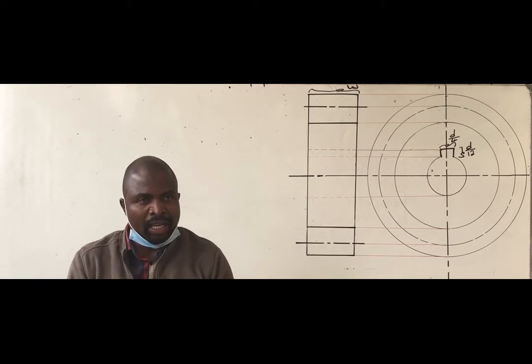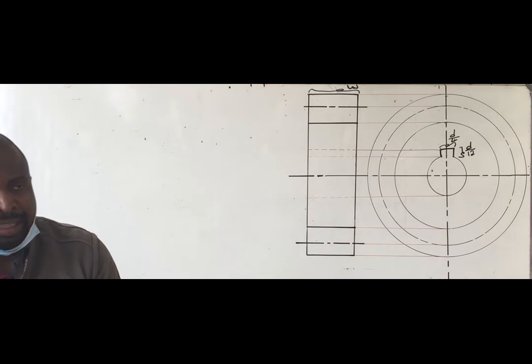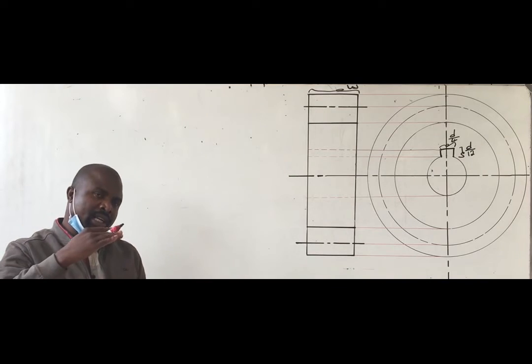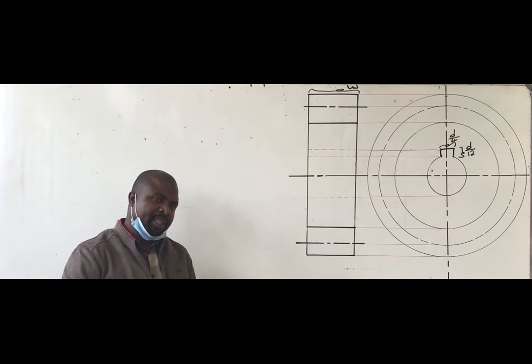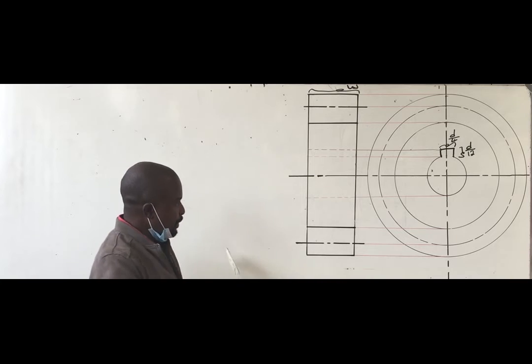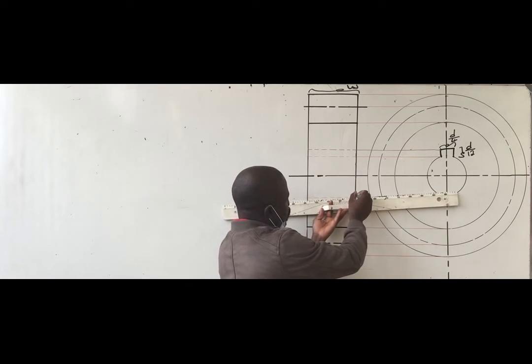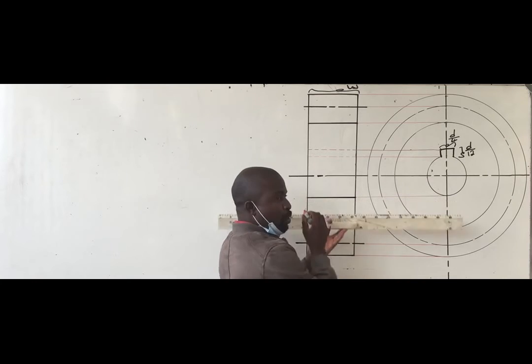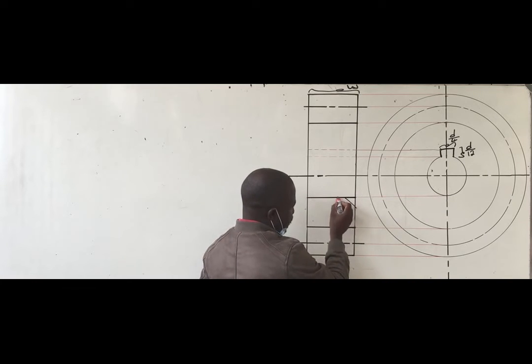If the question wants you to section only at the bottom part, they say bottom half in section. It means this line at the bottom, you must make it bold. And then you section there.